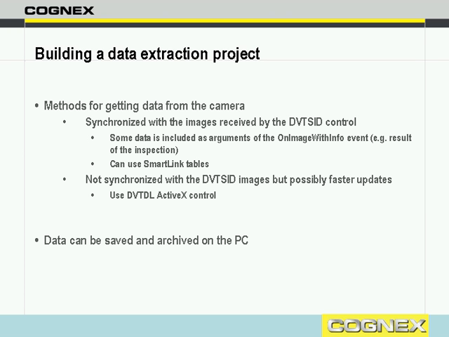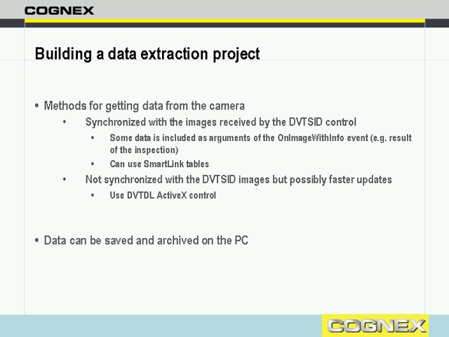So the data that you're getting through the DVT DL control and the images that you're receiving may not be synchronized, and you may end up with more data link information than images. So what you could do in that case is create your own synchronization routine.